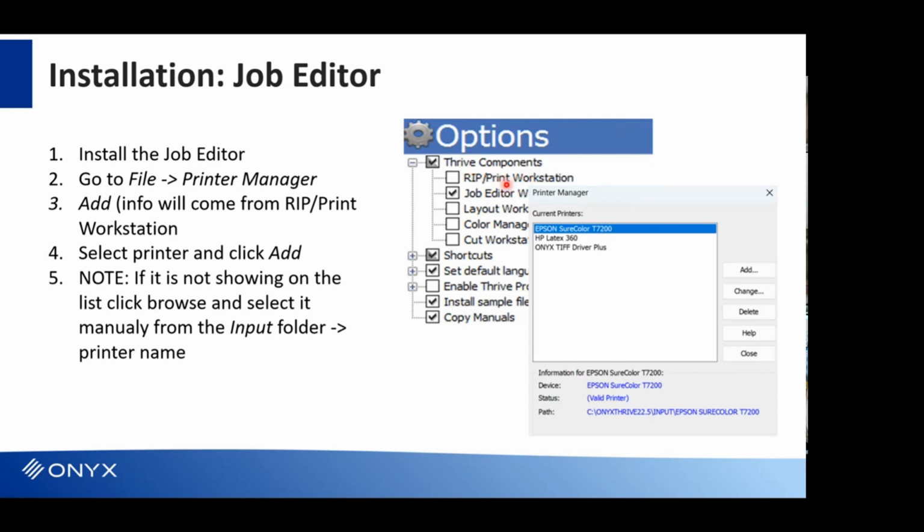I mean, the RIP print workstation was not in the start menu. There was no shortcut, etc. And if I clicked plus here, I could see that some of the checkboxes, I presume the job editors in this case, will be the only ones with the checkbox marked, and the others will be empty.